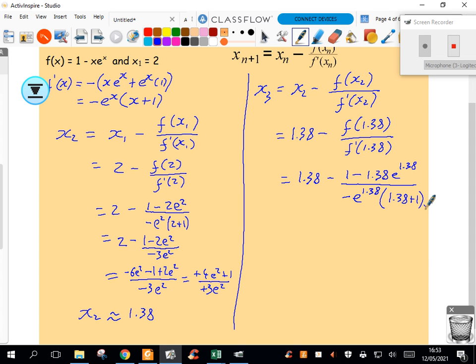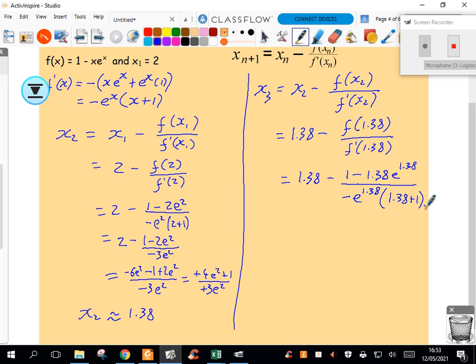1.38, subtract a fraction bar on the top and put in 1 minus 1.38 times e to the power of 1.38. And on the bottom I'm putting in negative e to the power of 1.38 times 1.38 plus 1. I'll just put in 2.38 into my calculator.